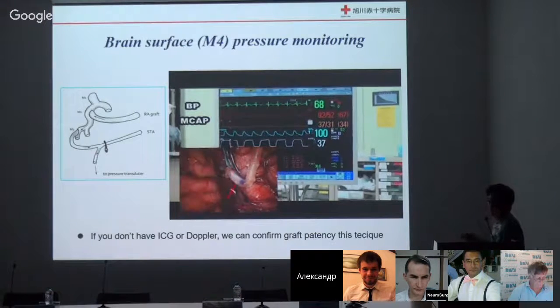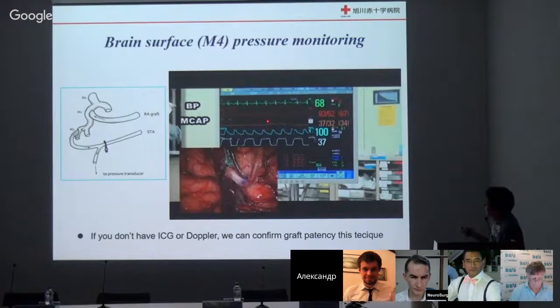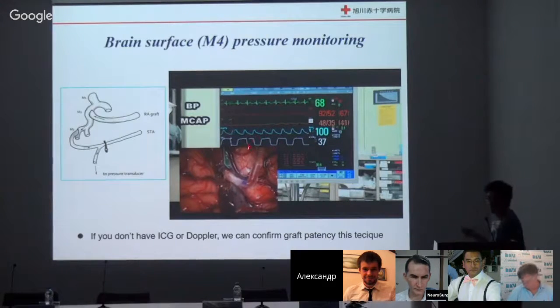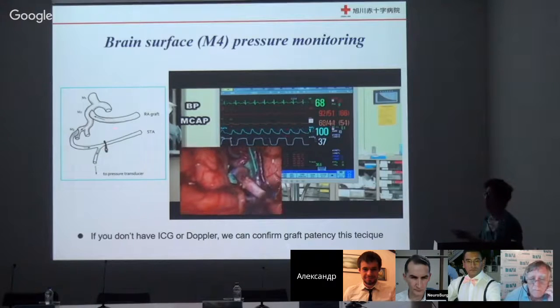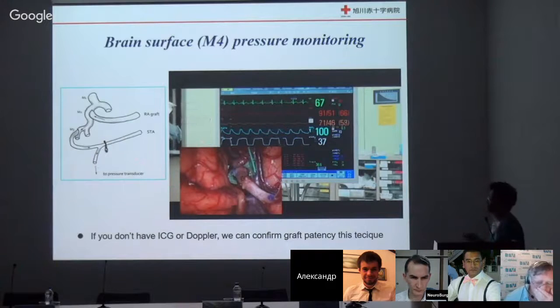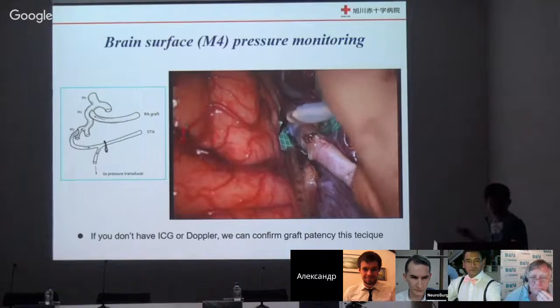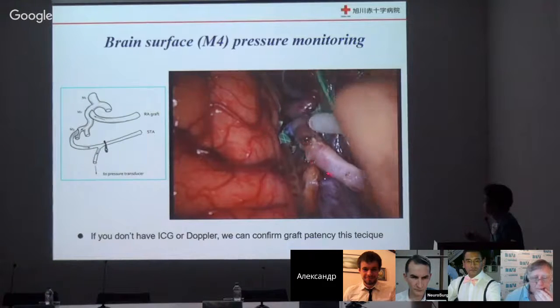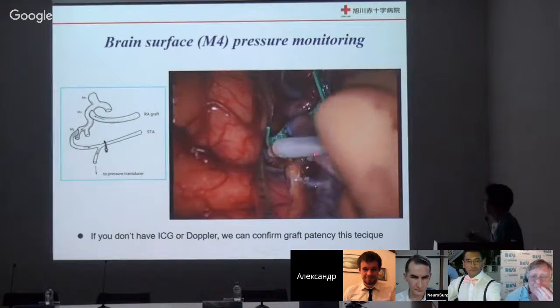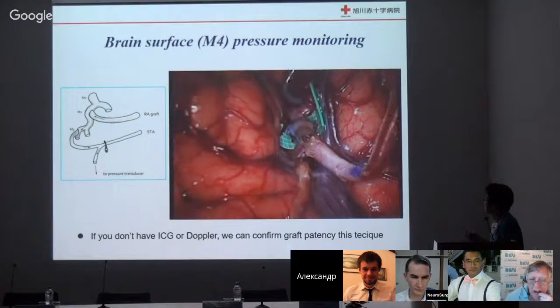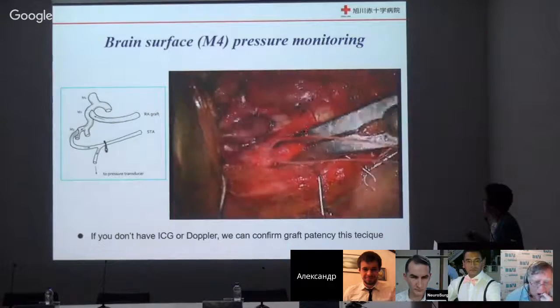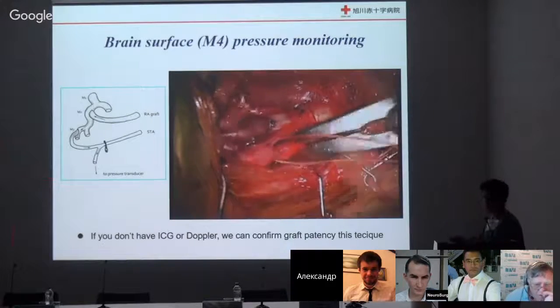If the graft patency is good, this pressure increases gradually, like this. If you don't have ICG or Doppler, we can confirm graft patency with this technique. This is finally the occluded ICA.